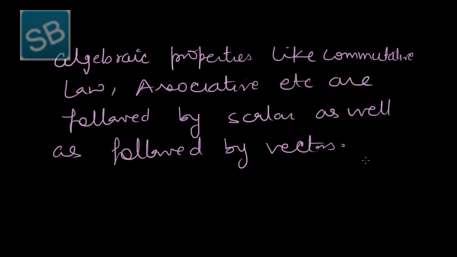That is, commutative law is also held by vectors. That is, if vectors A and B are added, then their sum B plus A is the same as the sum of A plus B. So these properties are followed by vectors on the real number system.